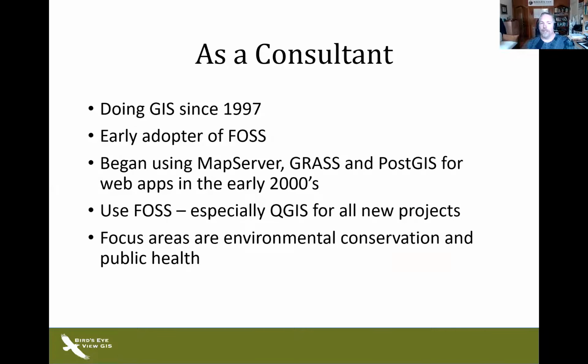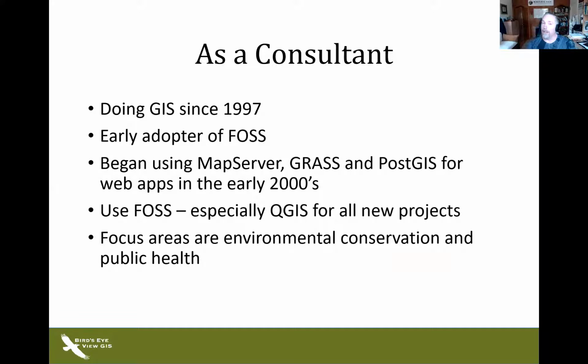So as a consultant, I've been doing GIS for over 20 years at this point. I was an early adopter of free and open source for geospatial software. I was at the University of New Mexico in the early 2000s at a place called the Earth Data Analysis Center. We started using MapServer, GRASS, and PostGIS for building web apps, pretty early on, 2001, 2002.